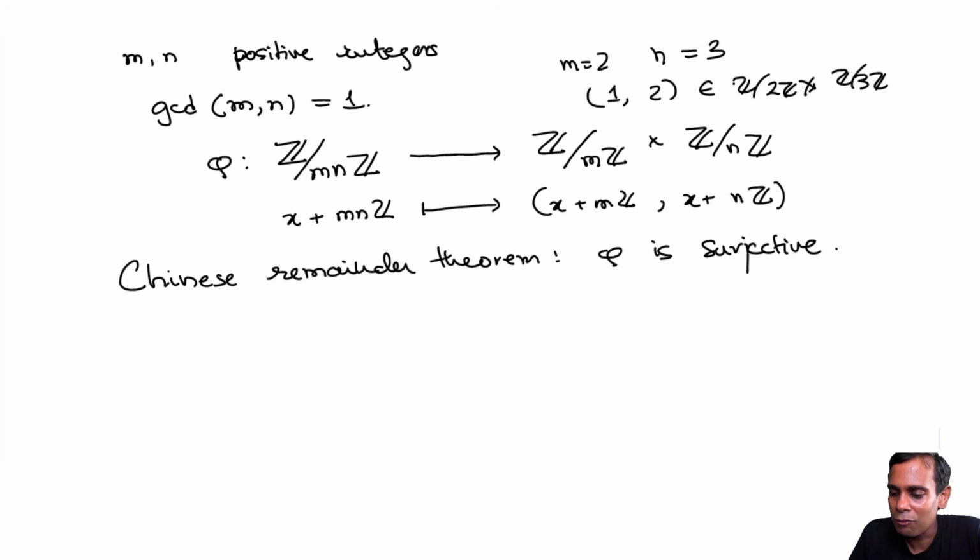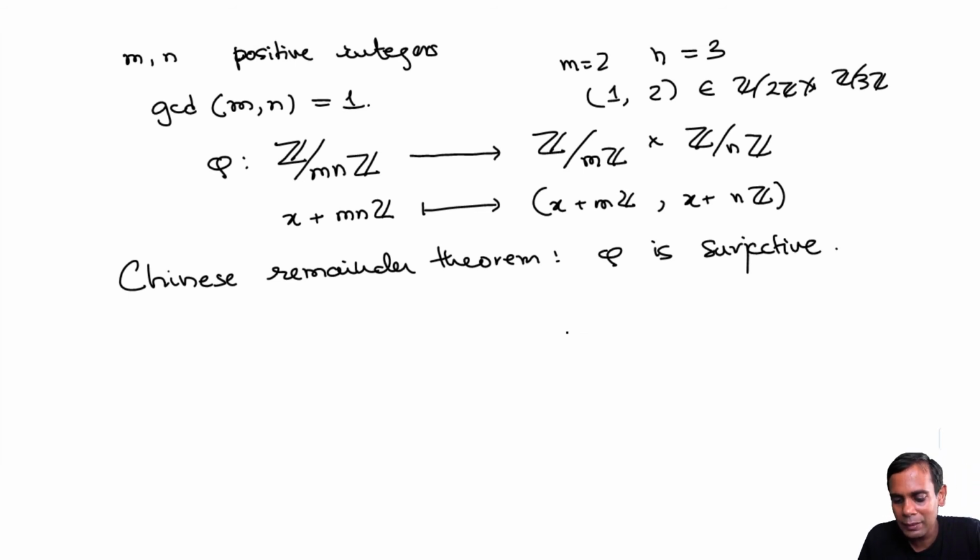Then you can just take 5 modulo 6. 5 mod 2 is 1 and 5 mod 3 is 2. So that's the way Lao Tzu stated it, but it's just the same as saying that phi is surjective.